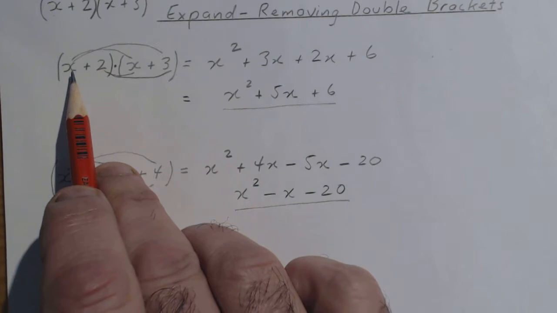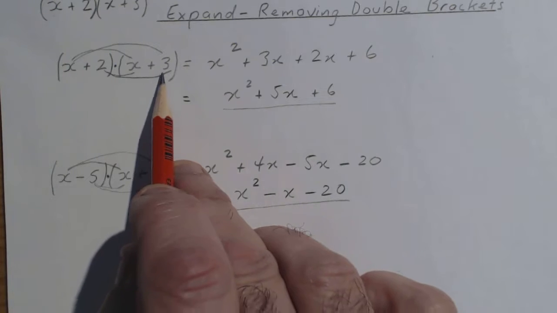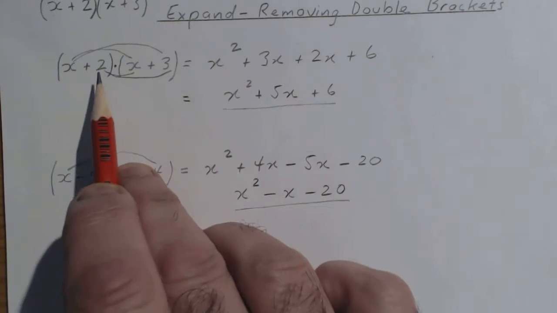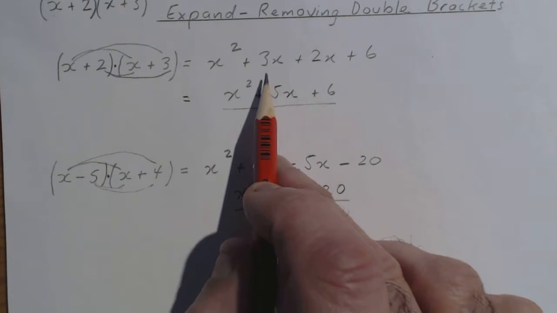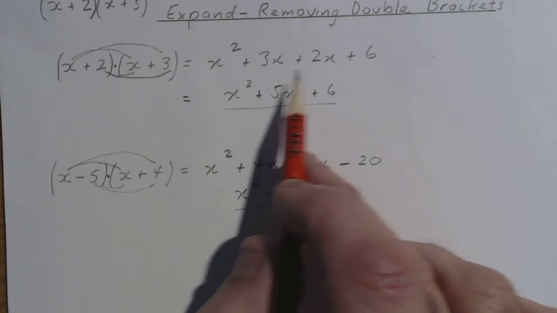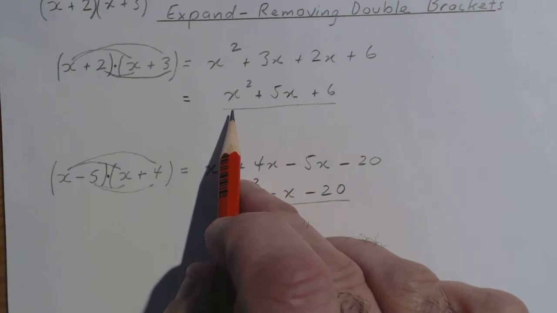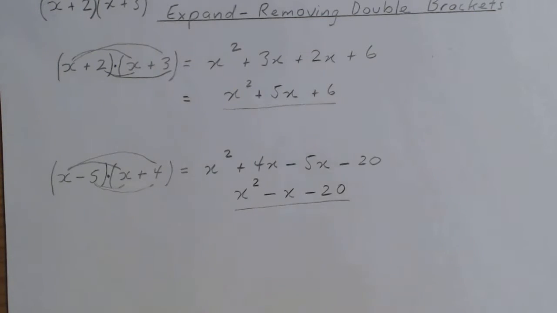So as you can see, we got x times x gives x squared, x times 3 gives 3x, 2 times x gives 2x, 2 times 3 gives 6. And then we collect the two like terms, which are 3x and 2x gives 5x. And of course, the x squared term is on its own and the plus 6 on its own, and that's our final result.